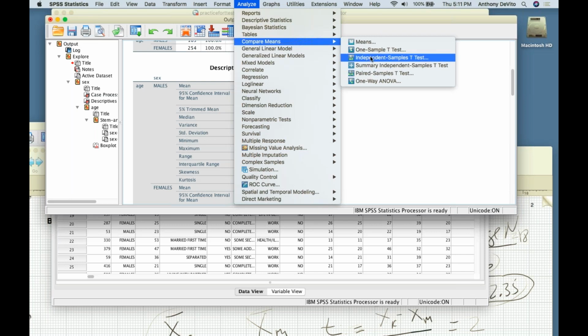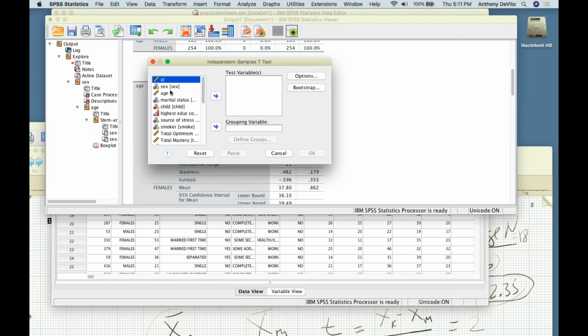Okay, so I'm going to go over here: independent samples t-test. I'm going to move in age, because that's what I want to compare the means of. And then I'm going to move in sex, or gender, for the grouping variable. Now, remember I showed you that for marital status you could have many different values. One might represent married, two divorced, three widowed, four single.